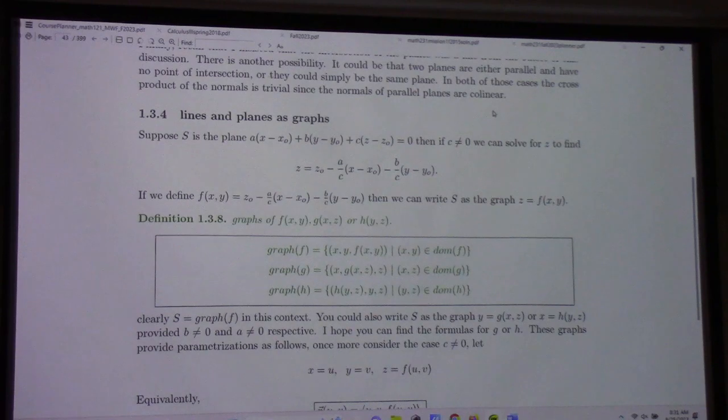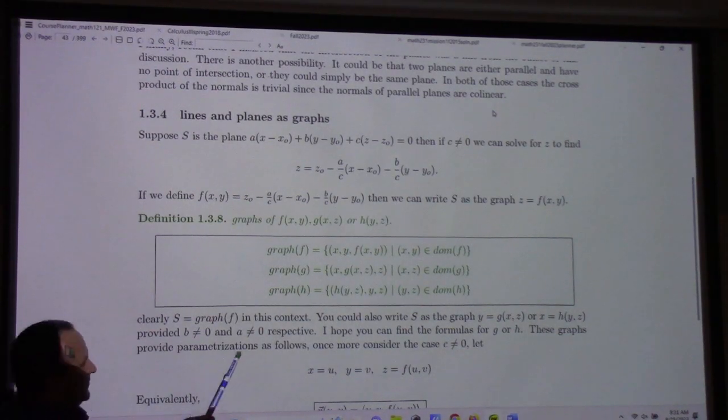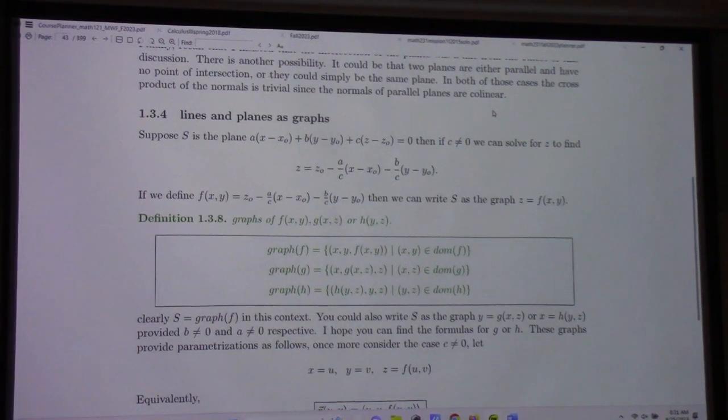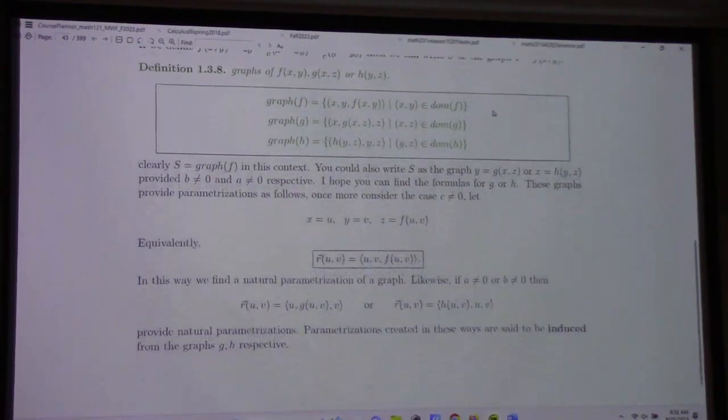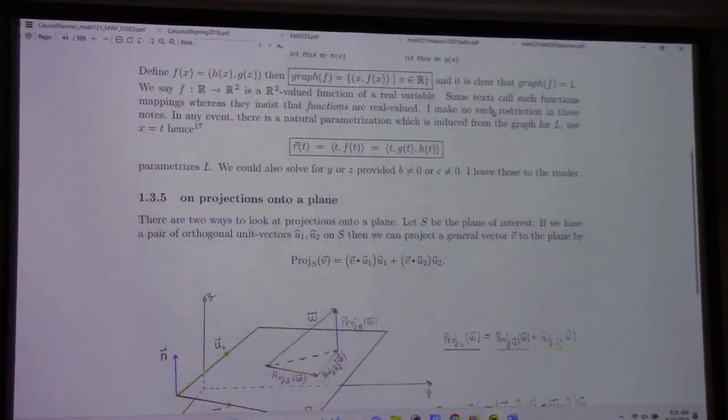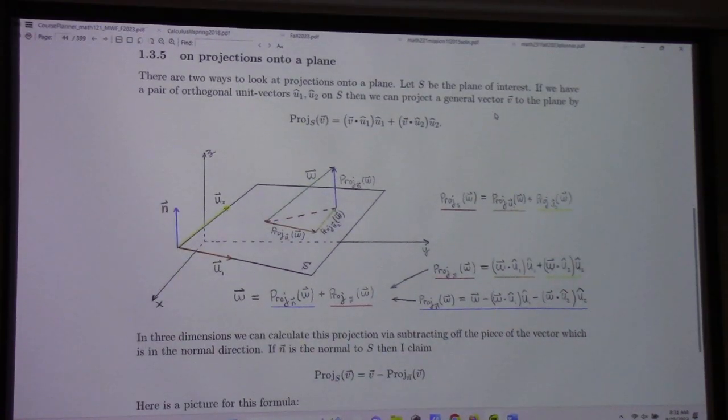You guys know about graphs, y equals f of x, that's a graph. Well, this idea persists into 3 dimensions. It's just more annoying. Typical calculus books spend the lion's share of their effort on z equals f of x, y. That's pretty much the whole universe of discussion half the time. But unfortunately, that's kind of nearsighted.